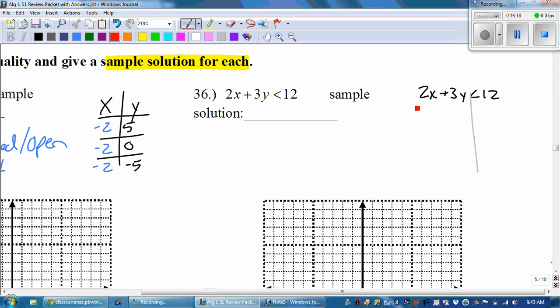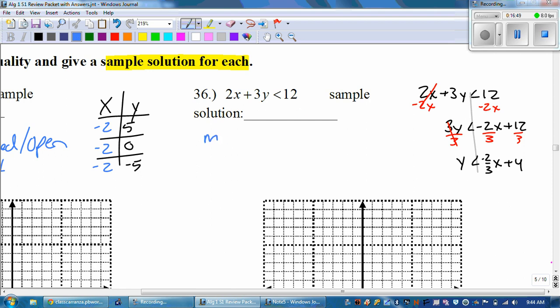If I'm solving for y, the first thing I'm going to do is subtract the 2x to the other side. And we get 3y is less than -2x plus 12. Now, the y is not by itself yet, so I need to divide by 3. And now we have y is less than -2/3 x plus 4.